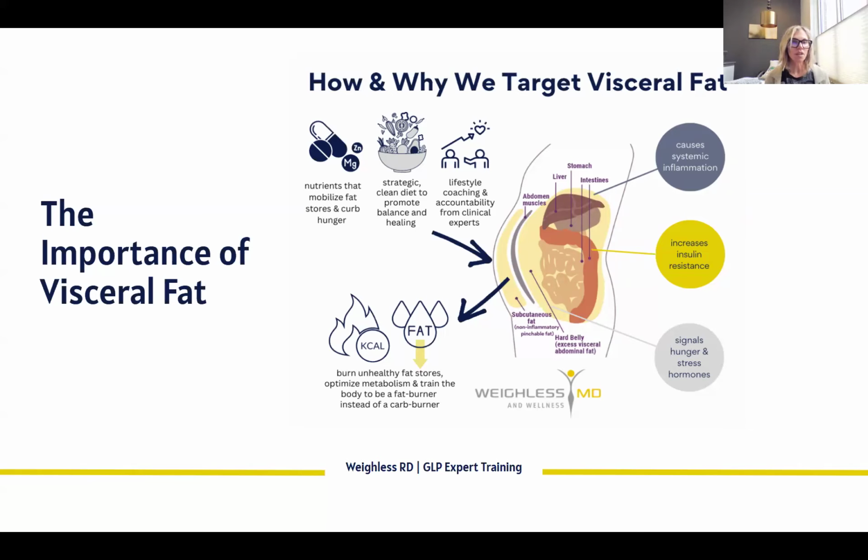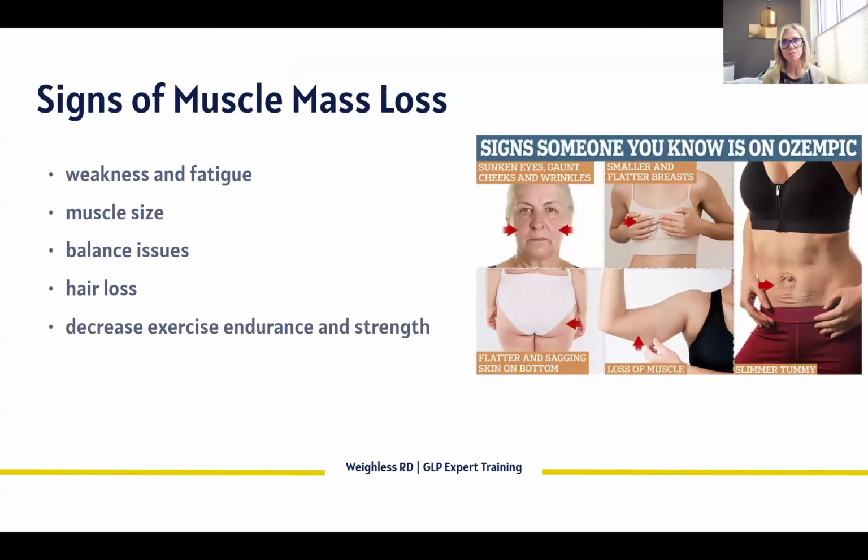And when you have a lot of visceral fat, you are in a very, very stressed state just from being in that overweight state. So everything else is just compounding that issue. So being able to really measure that as you're working with someone is really important.